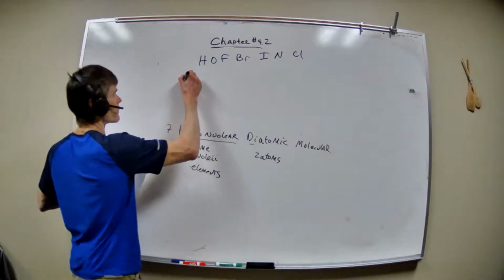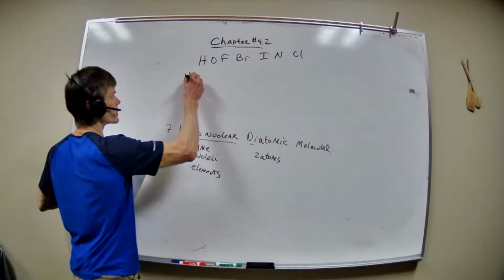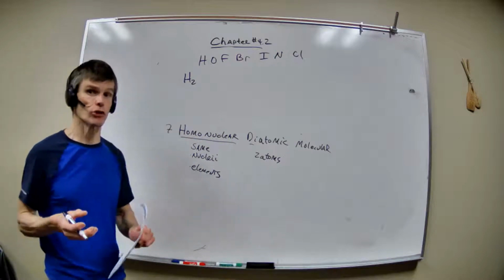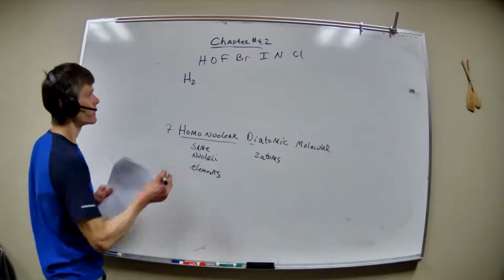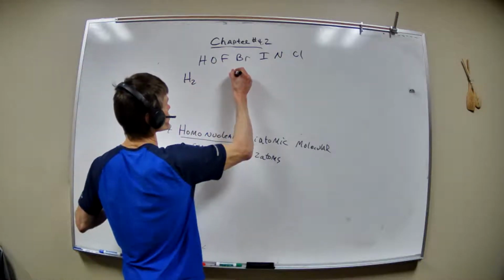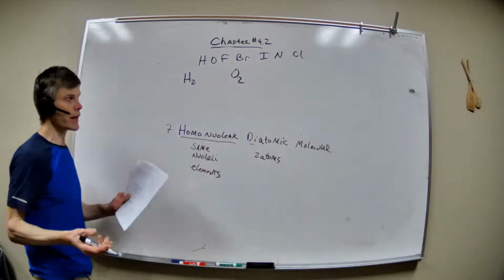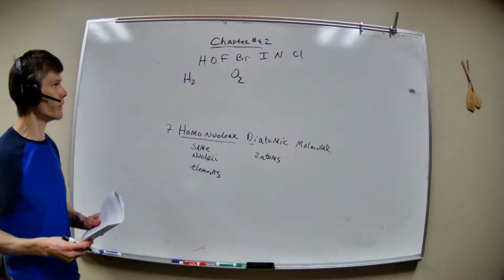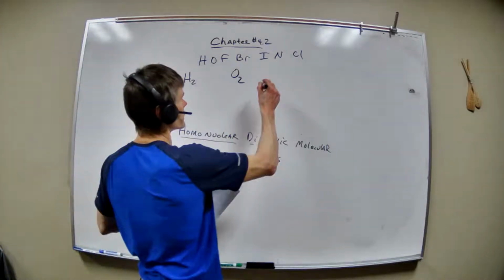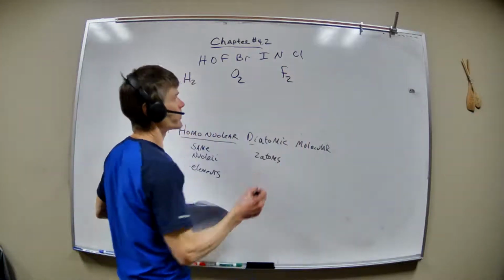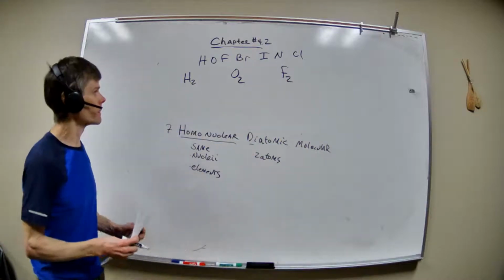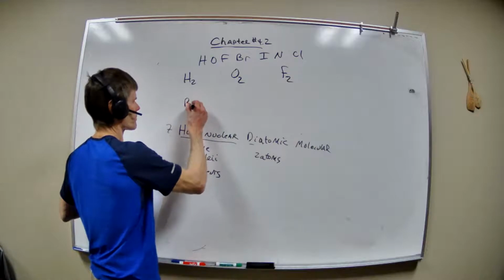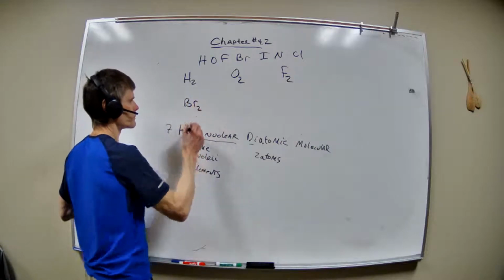H represents hydrogen. Hydrogen exists in our environment as H2, and normally it's in the gas phase under normal conditions. O is oxygen, O2. Oxygen gas exists in our environment also. F is fluorine. Fluorine also exists as a gas in its diatomic form. Br is bromine.